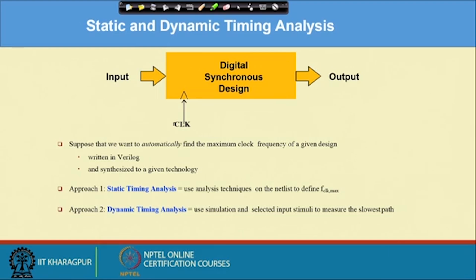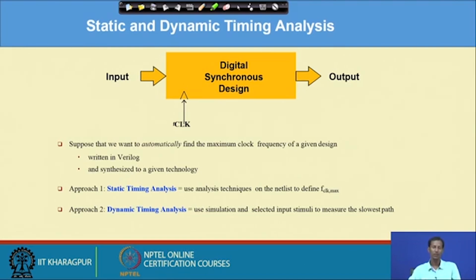Both have some advantages. Where to use synchronous design and where to use asynchronous design is itself technical knowledge, but I will give a brief idea. Whenever we are doing timing analysis, why do we require it?